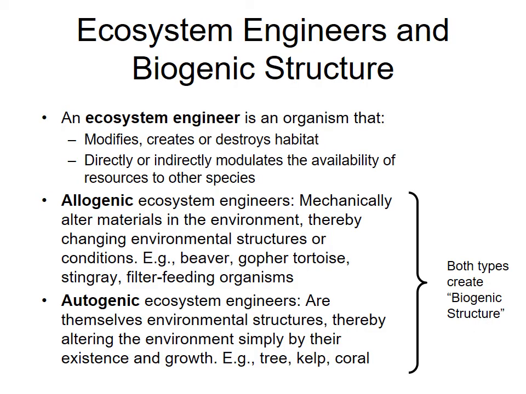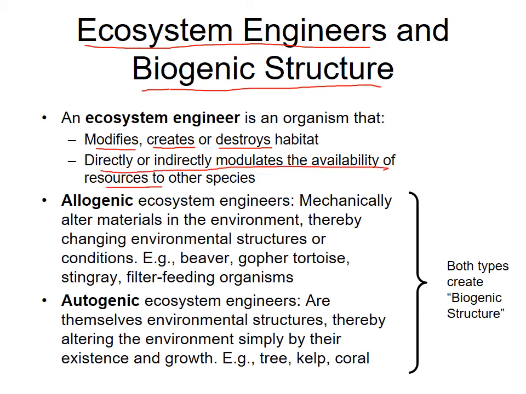All right, so here's a technical definition of ecosystem engineers and biogenic structure, because a lot of times the ecosystem engineers modify their environment by creating structure. Okay, so the general definition: an ecosystem engineer is an organism that modifies, creates, or destroys habitat, or that directly or indirectly modulates the availability of resources to other species.